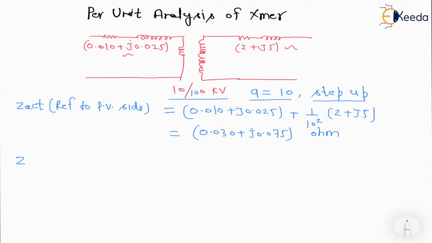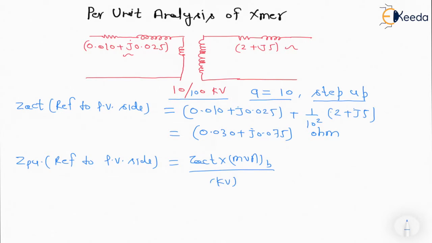Now we want to find out the Z per unit referred to LV side. We know the formula: Z actual into MVAb upon kVb square. We are dealing with LV side, so the LV side base value we can take as any value.